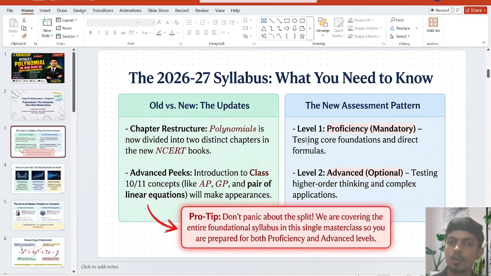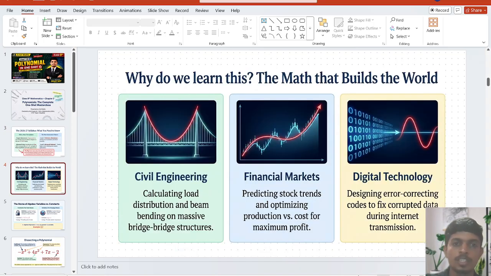You get an updated Level 1 proficiency mandate testing core foundation and direct formulas, meaning here you get core foundations and direct formulas to apply in polynomials, and advanced optional testing higher order thinking and complex applications. So don't panic about this. We are covering the entire foundation syllabus in a single master class, so you are prepared for both proficiency and advanced levels. So we will proceed.